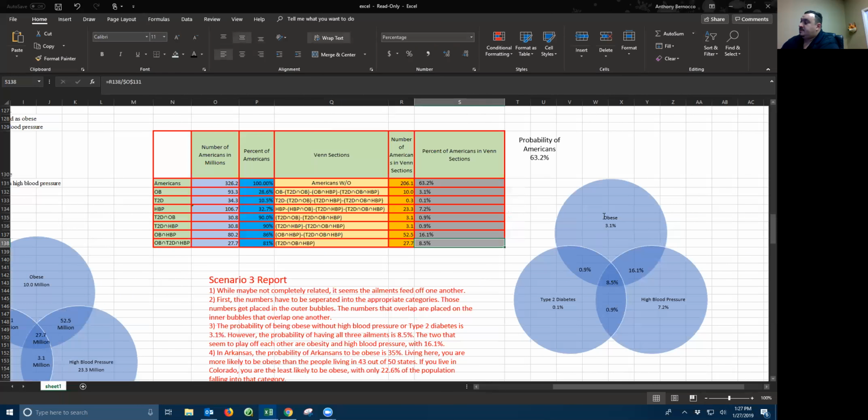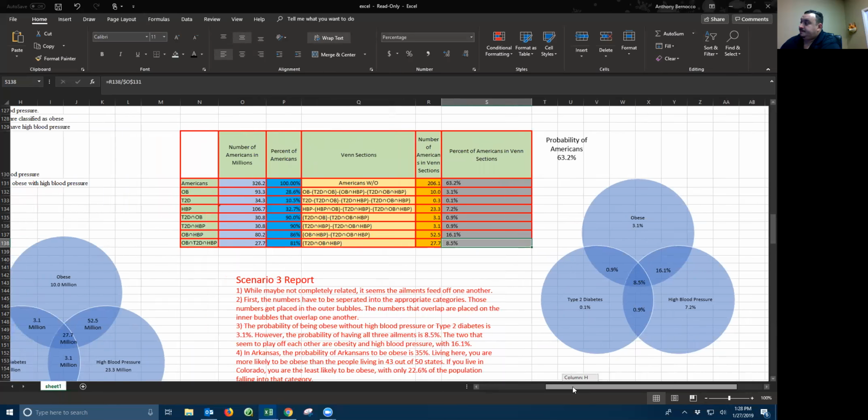But you can see the overlapping where 16.1% people have high blood pressure and obesity, but only 0.9% of people have obesity and type 2 diabetes. And this is the probability of Americans to have it is 63.2%.